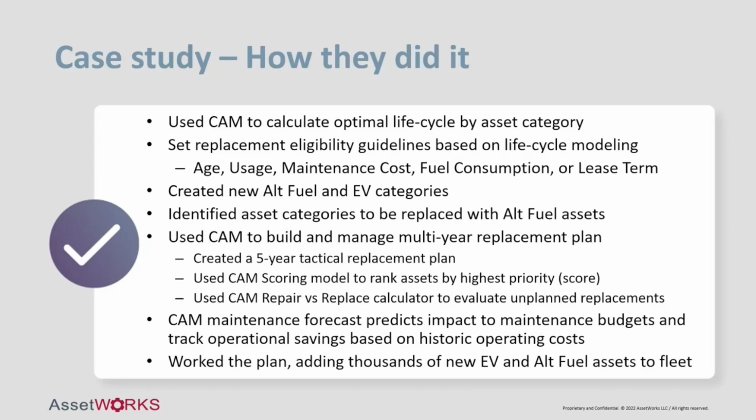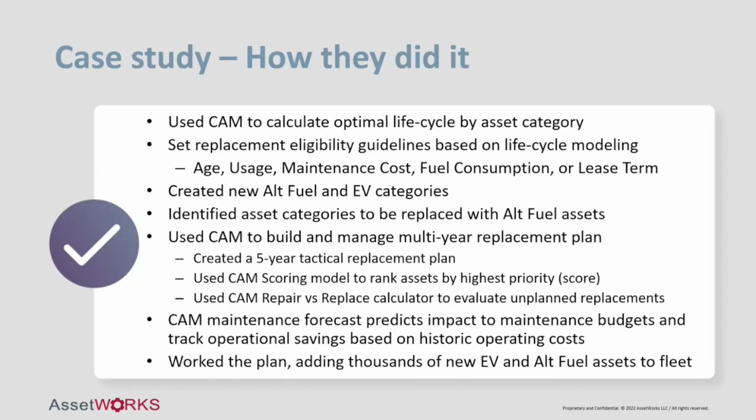Then there were situations where assets would not necessarily be scheduled for replacement, but show up in a shop in need of major repairs. They utilized the CAM repair versus replace module to evaluate individual assets and replace them out of their bailment pool of assets held aside for just these scenarios.